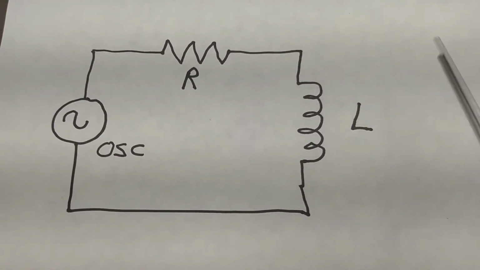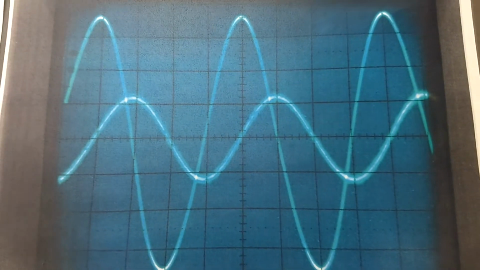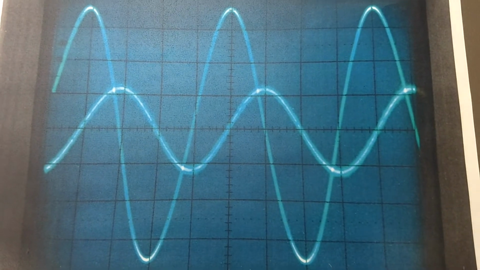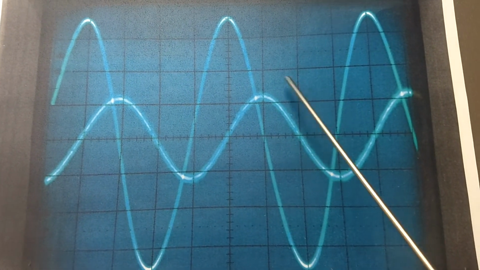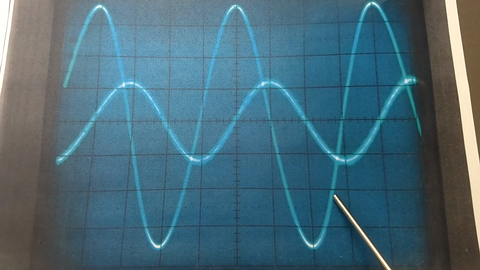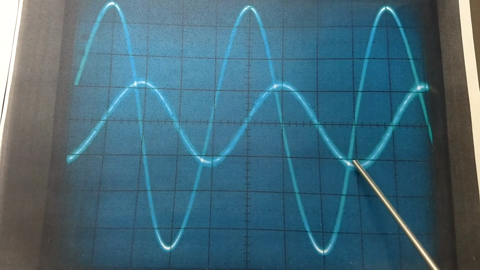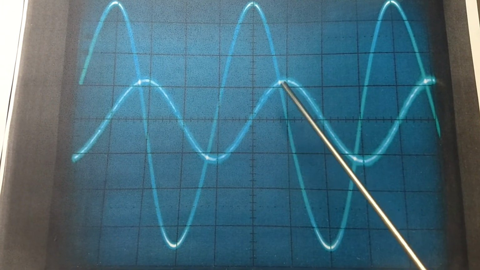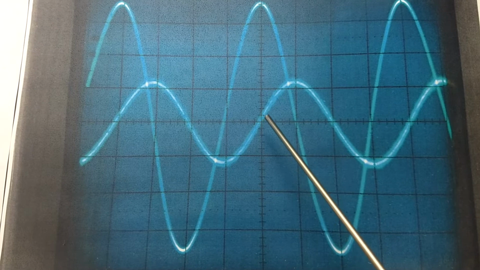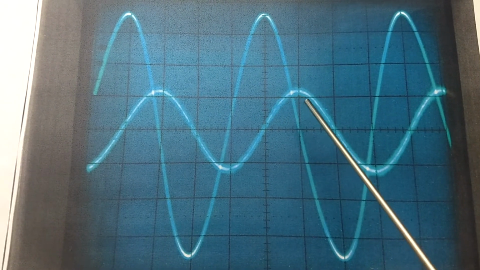Now when we look at the two channels of the oscilloscope, here I took a photograph. It's easier to look at than the actual screen. The larger waveform is the voltage across the inductor. The smaller waveform is the voltage across the resistor, so that's equivalent to the current through the inductor. Now notice the phase difference.